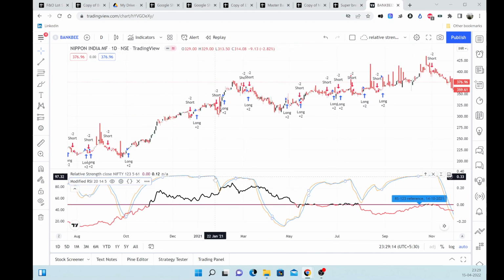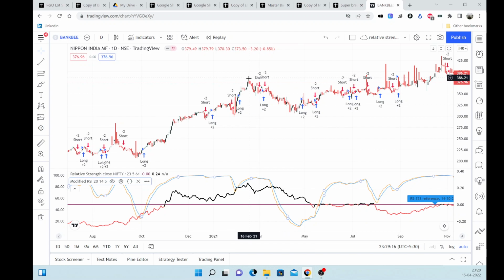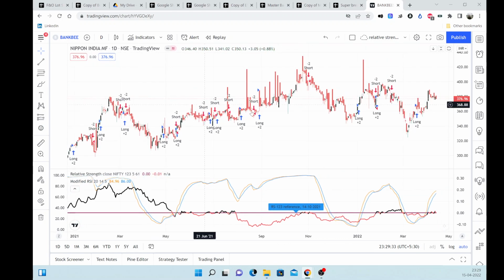So if you had been patient, for example, right now Bankbees is at 385. If you bought at this level, you would have been sitting on a loss. However, if you bought at 300, you save around 70 rupees per ETF share. So that's the advantage of it. It helps you to time your market better.